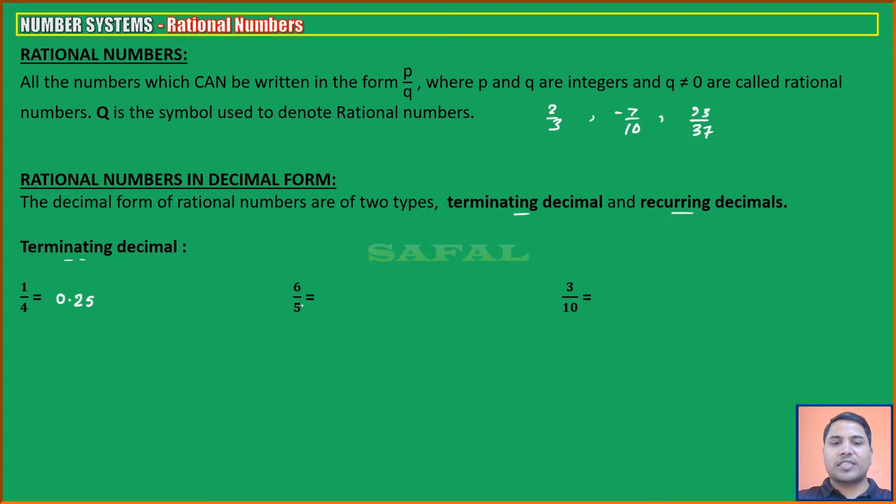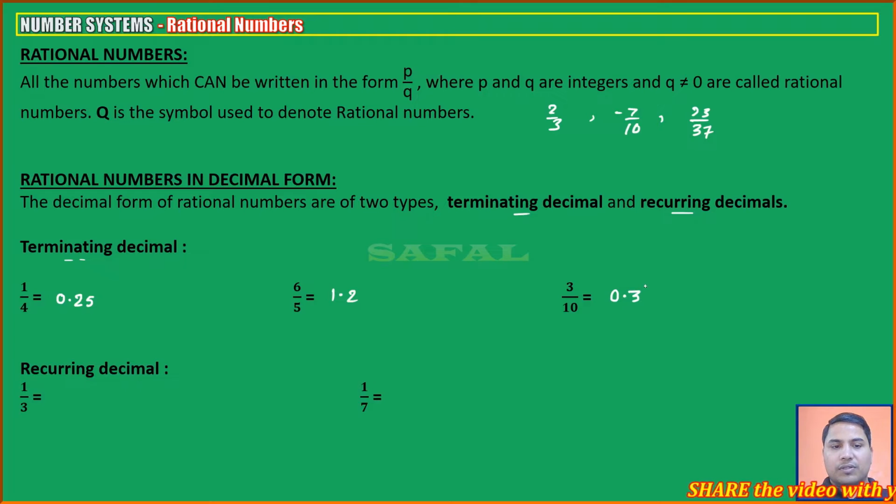Similarly, if you divide 6 by 5, you will find that it is 1.2. Here also you can see that after one place of decimal, this number is vanishing and hence I can call it terminating decimal. Similarly, 3 by 10 you can write as 0.3. So here also you have a case of terminating decimal.